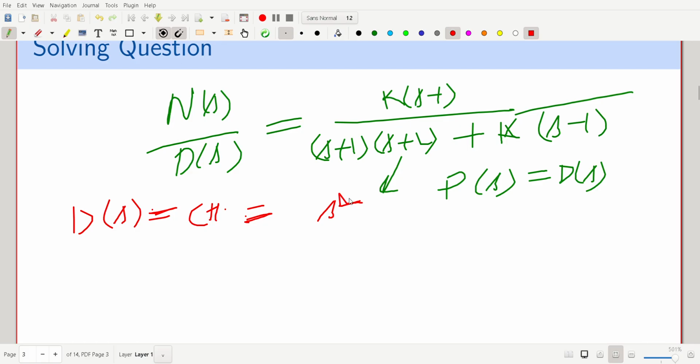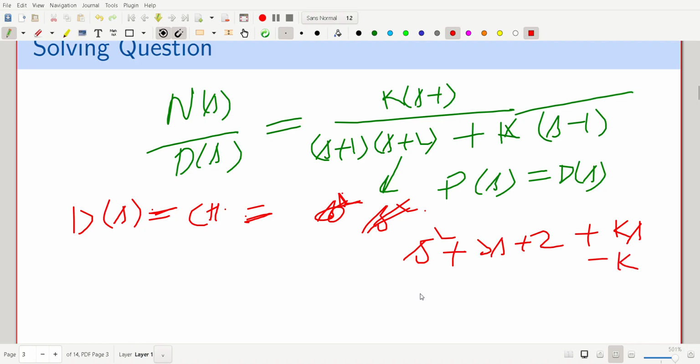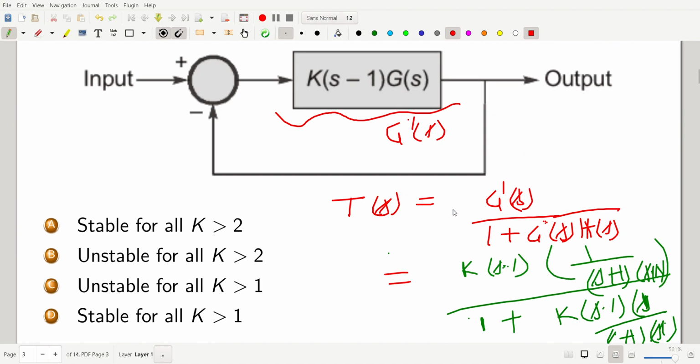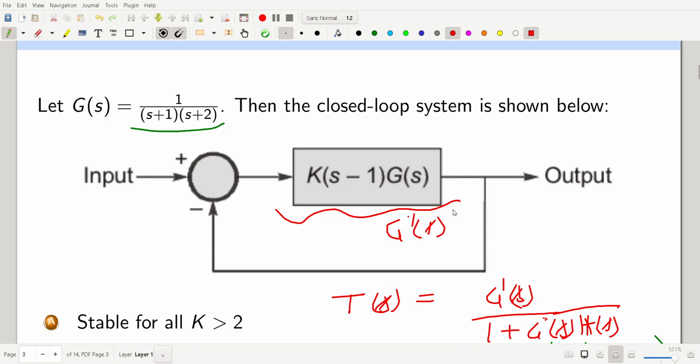let us, I think there is some problem writing for today. So 2, 3s plus 2 plus ks minus k. Alright. So let me check once, k into s minus 1.